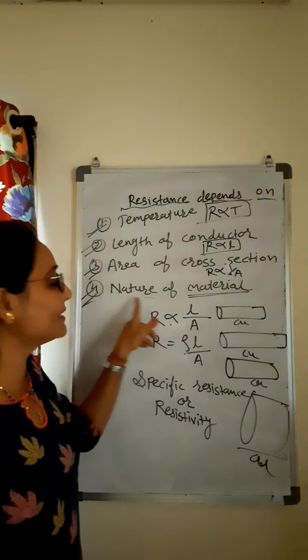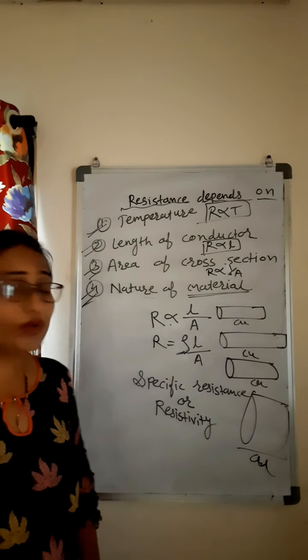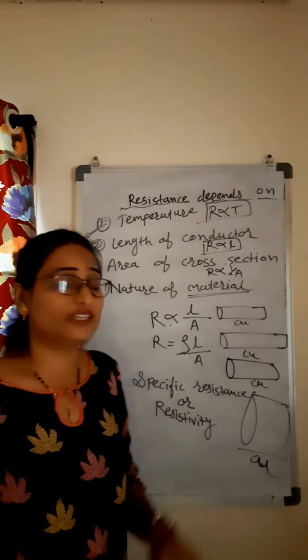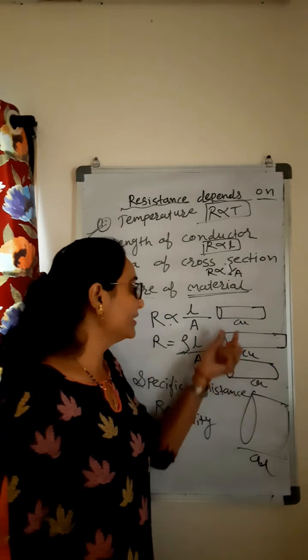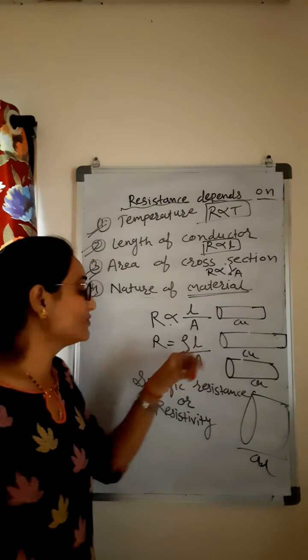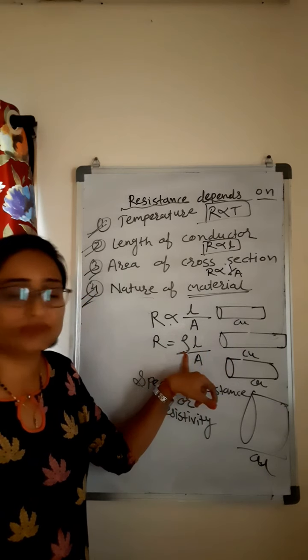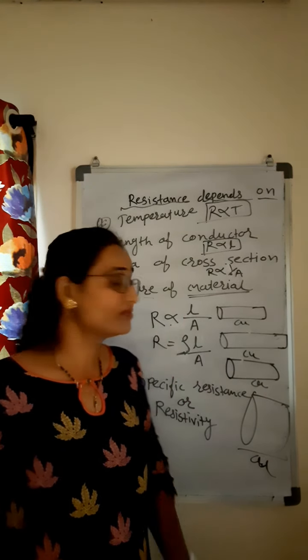So resistance depends on the nature of the material, meaning resistivity. Suppose it is made up of copper, these two wires will have the fixed resistivity.